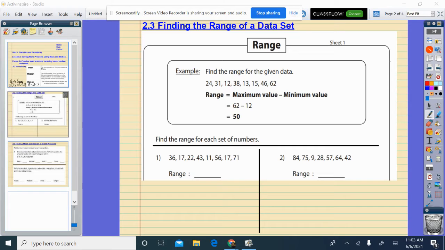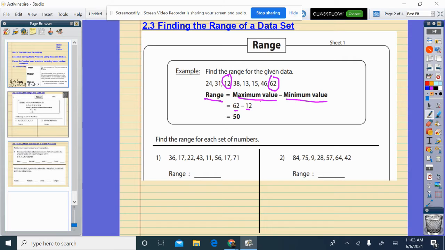You could arrange these if you needed to, or you could simply circle the lowest number, which is 12, and the highest data point in the data set, which is 62. Now to find the range, I take the maximum value and subtract the minimum value. 62 minus 12, the range is 50.